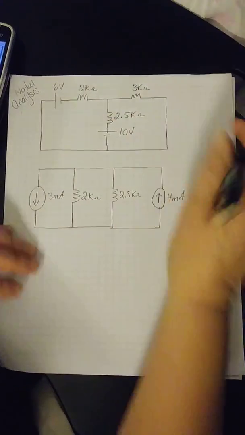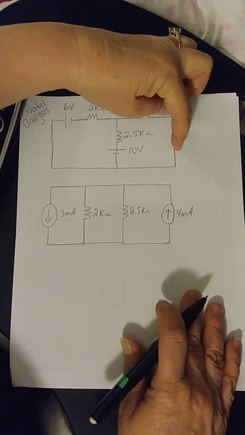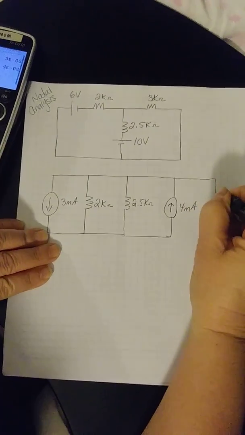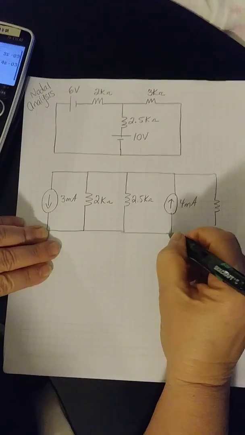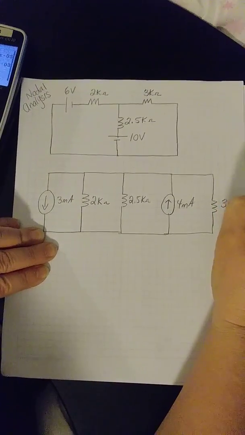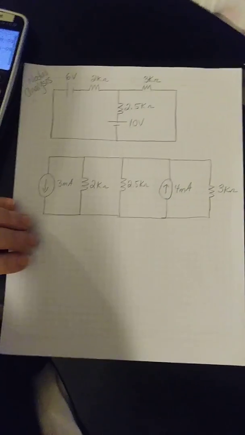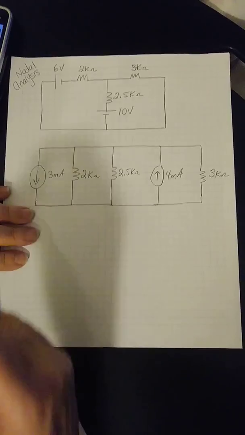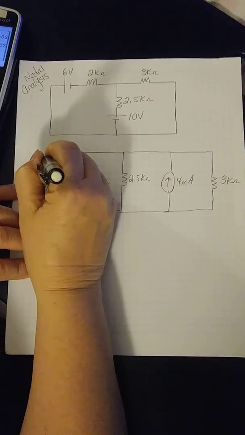And then we have this last one. Pretend like we're just sliding this 3K resistor over, and then this is in parallel as well. So we have 3K ohms. Remember, with nodal analysis, it has to be at least 2 or 3 or more nodes.